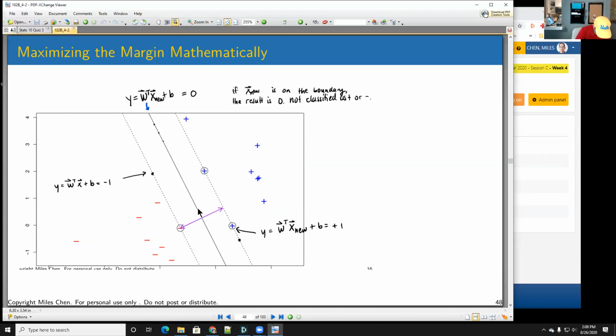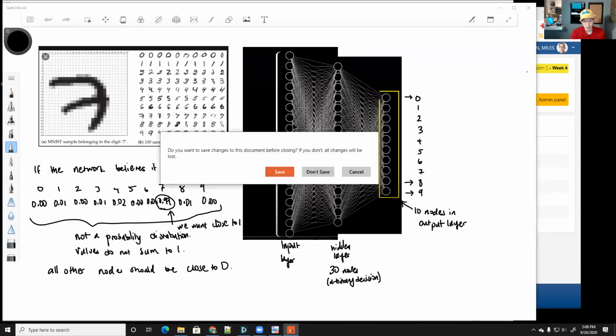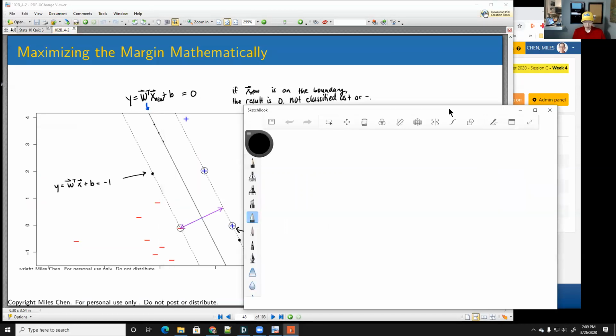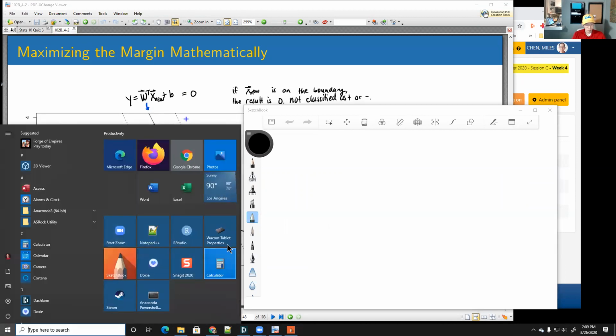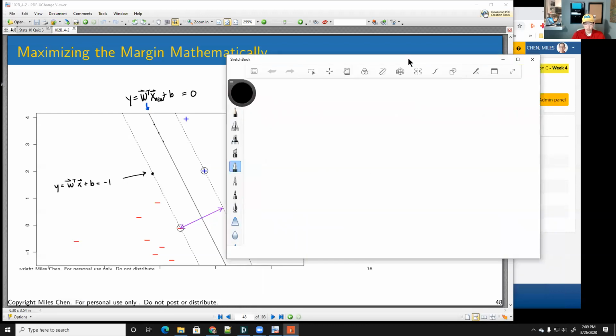So if this is x1 and this is x2, let's say the vector W is equal to 1, 1, and the vector X is equal to x1, x2.